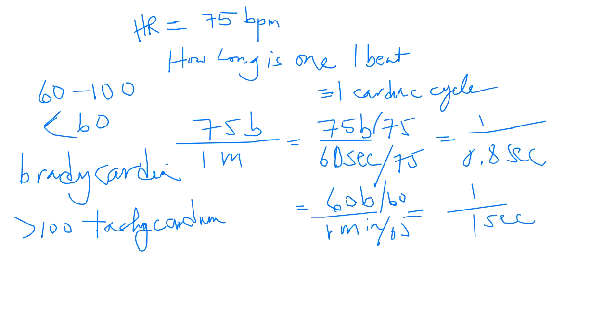If there are 60 seconds in 1 minute and there are 60 beats, then 1 beat is 1 second. Now let's say it's 100 beats per minute. How long is 1 beat? Basically this is 60 seconds, and you divide by 100, and you will find that 1 beat is about 0.6 seconds.